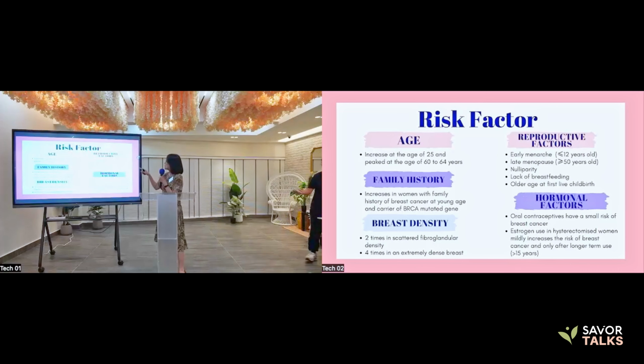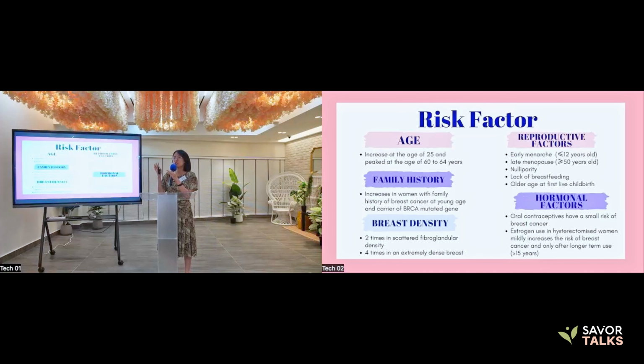Okay, and another one is older age at first pregnancy, because you know that your breast is continually developing. When you're actually pregnant, your breast cells continue to develop.